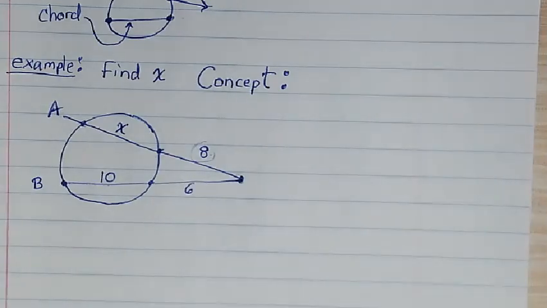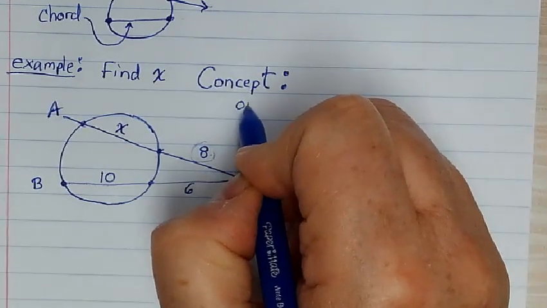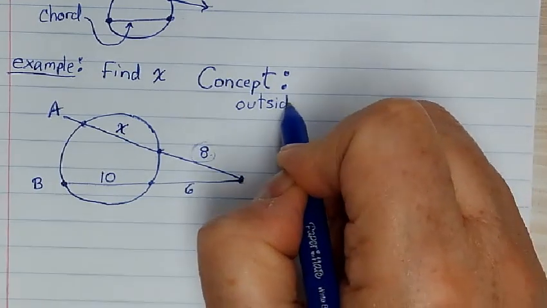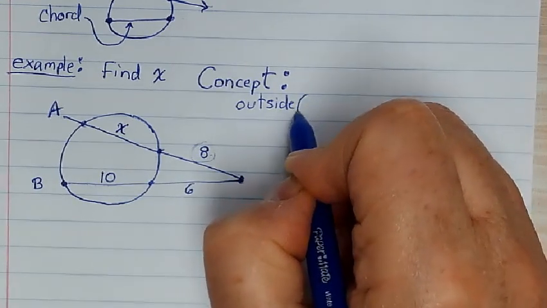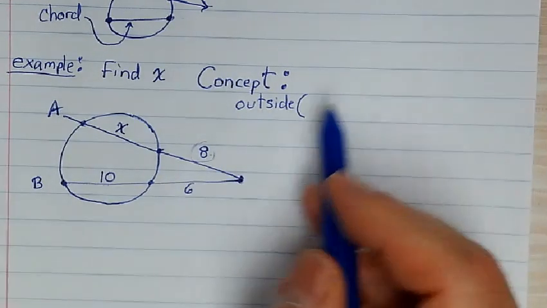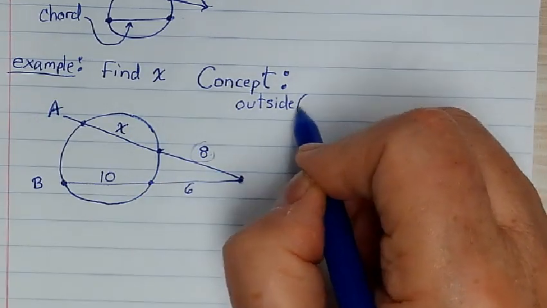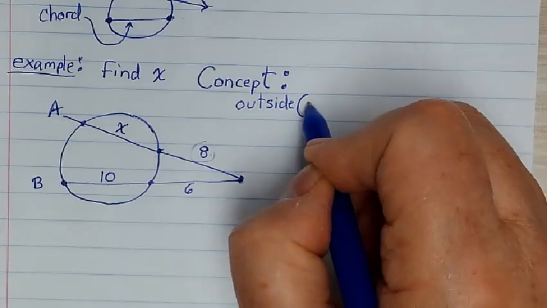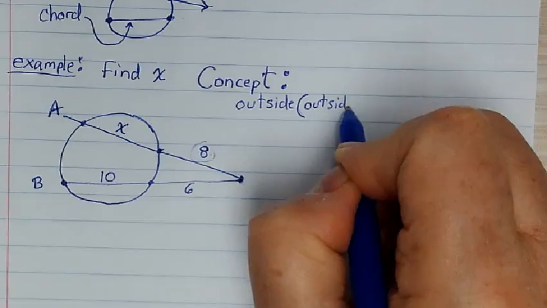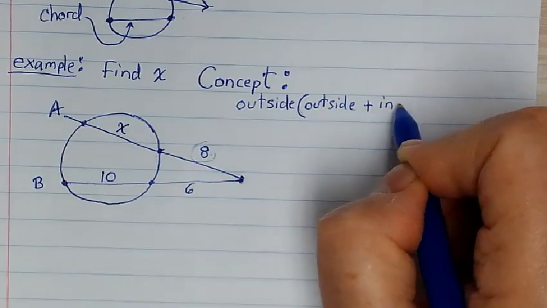like for example, if you take the outside segment, whatever the length of the outside is, times whatever the outside length is, times the sum of the outside with the inside. In other words, if you take the outside times, then that's the parenthesis, the outside plus the length of the segment that's on the inside.